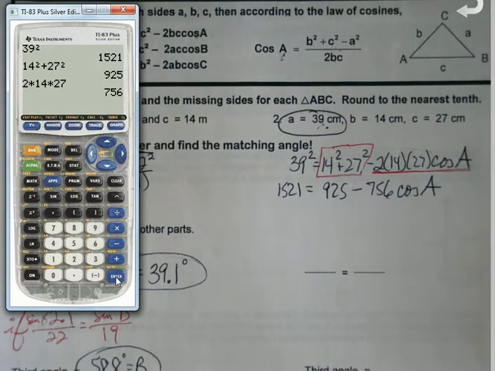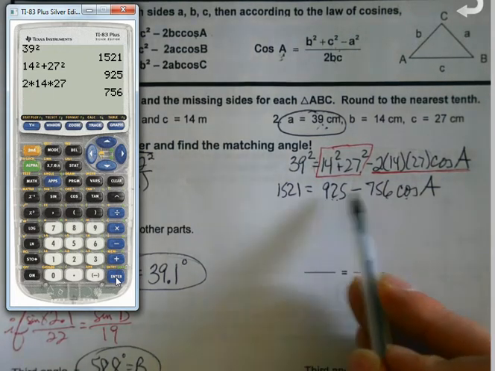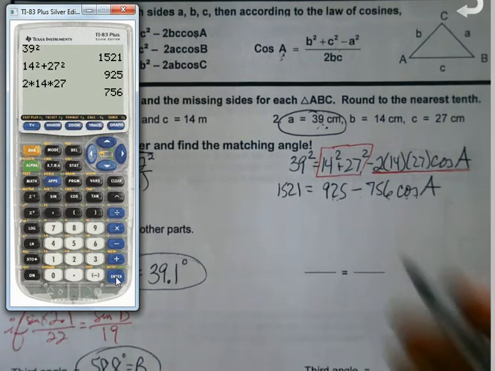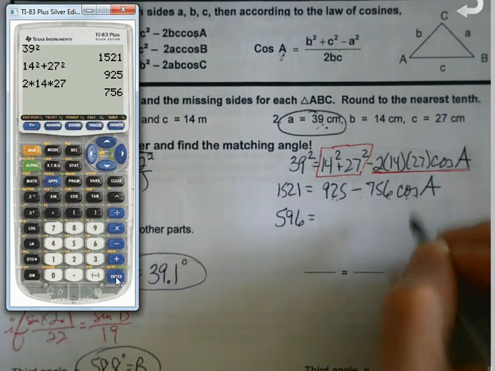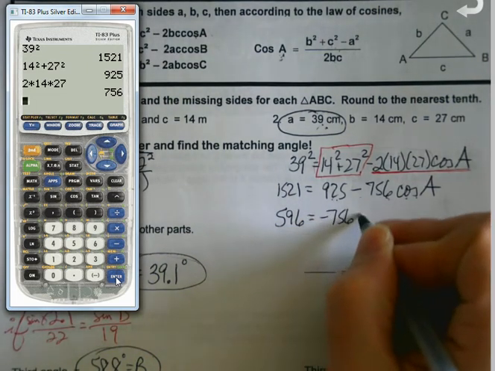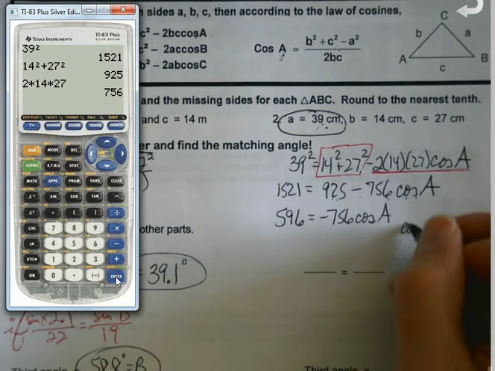So I'd subtract the 925 over, because again, it's like 925 minus 756x. I couldn't combine those terms anyway. So I'd subtract that over. And then I'd divide by negative 756.